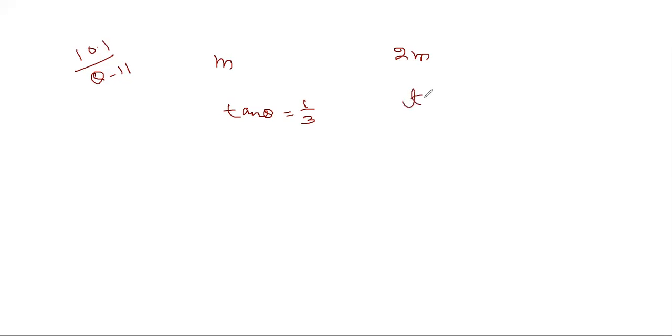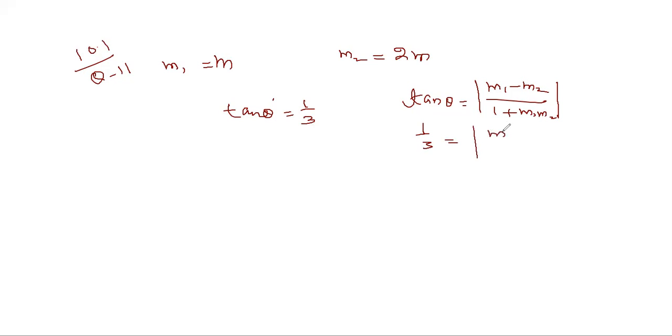Now we have the formula of the angle between two lines. Tan theta is equal to (m1 minus m2) upon (1 plus m1 m2). This is the formula to find the angle between two lines. Let us suppose this slope is m1 and the slope of the second line is m2, and tan theta is also given. So substitute all these values. Tan theta is equal to 1 by 3 and m1 is equal to m.